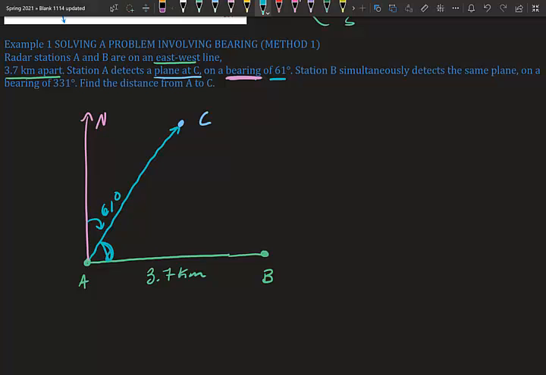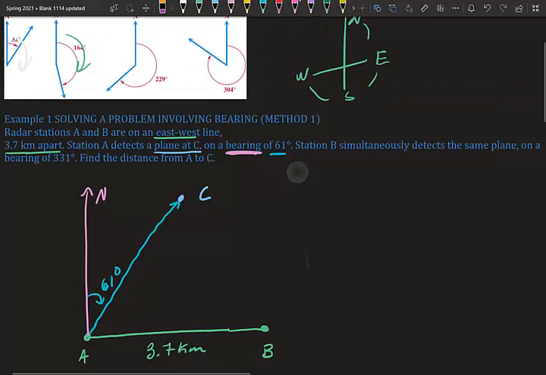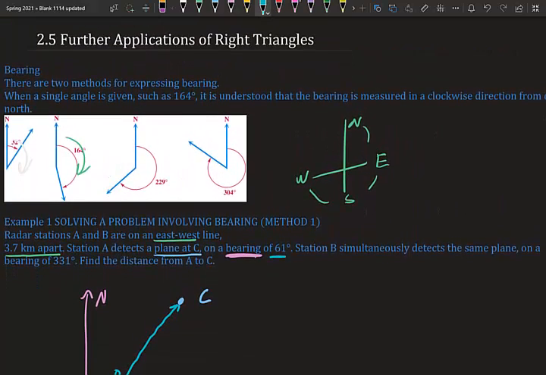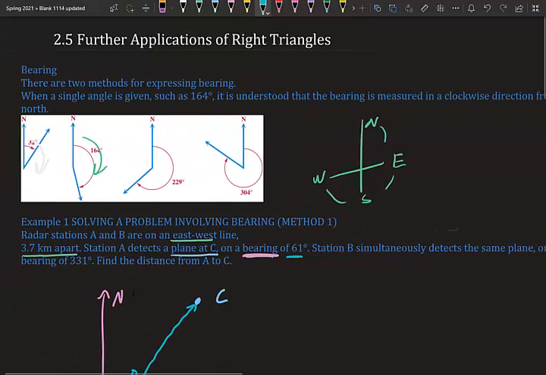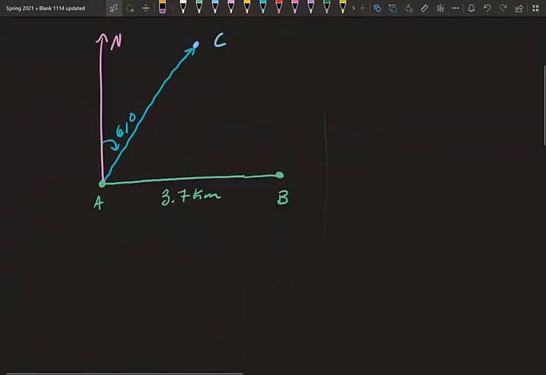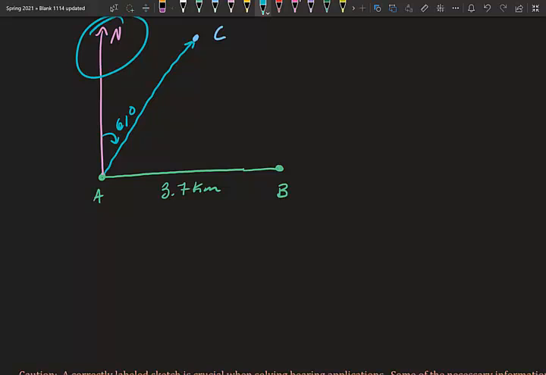This isn't measured from the horizontal; it comes from north. When a single angle is given, such as 164, it is understood that the bearing is measured in a clockwise direction from due north. That's why it comes from the vertical axis.